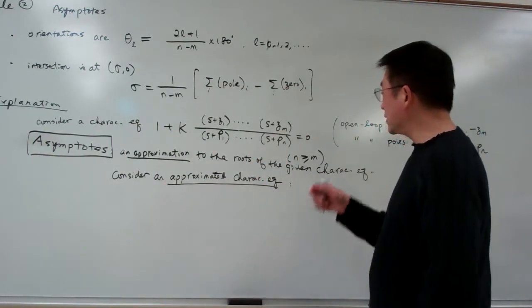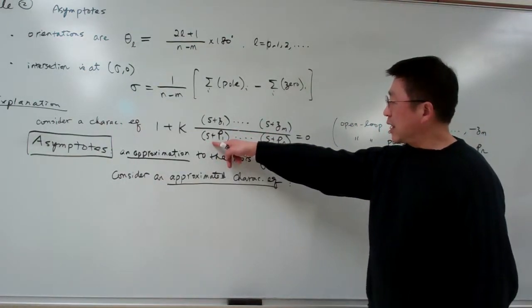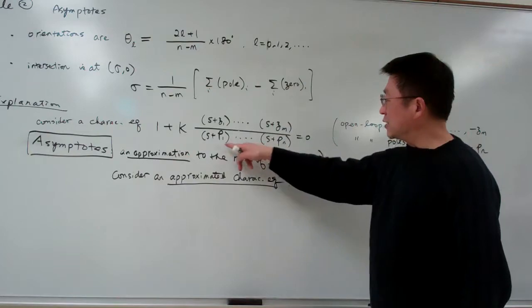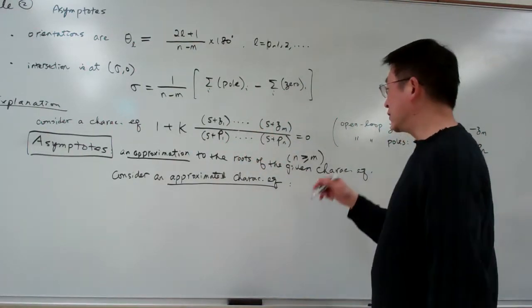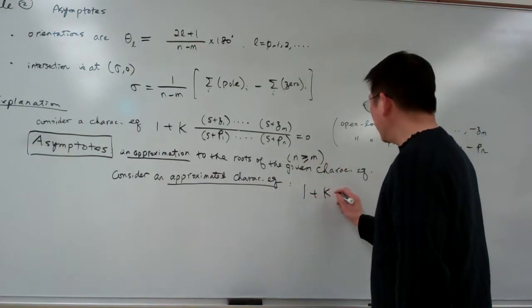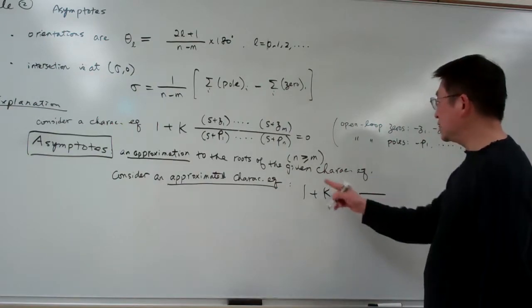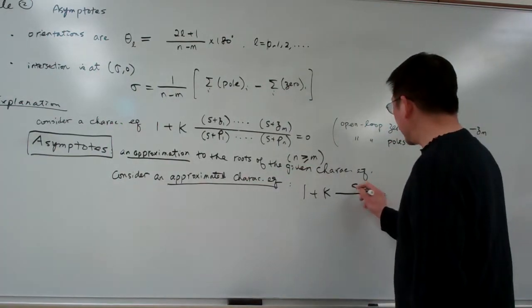By looking at this one, the degree of the denominator polynomial is n, and this is a degree of m. Okay, so here we do a very rough approximation. Basically, this approximated characteristic equation we can consider is like s^n.